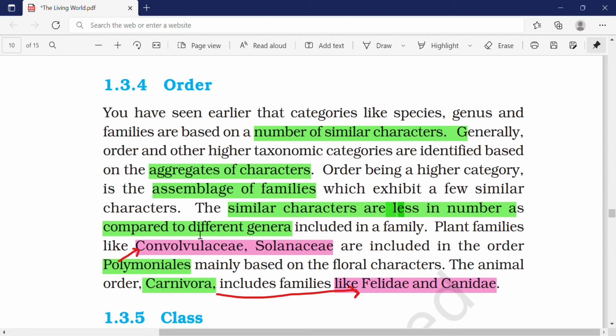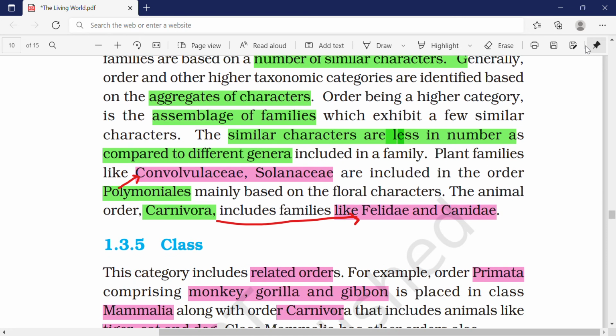The similar characters are fewer in number compared to different genera. So I told you, as we move from bottom to top, the similar characters decrease. So obviously order has fewer similarities compared to family.